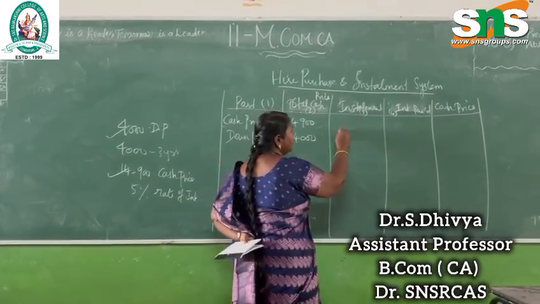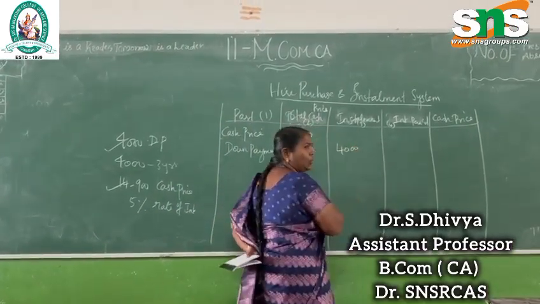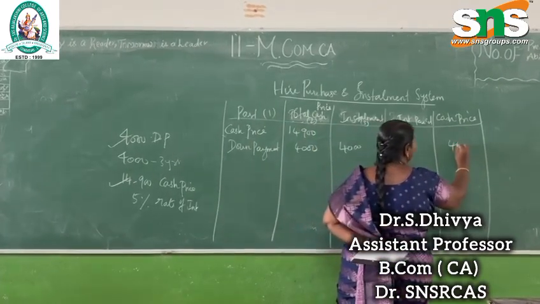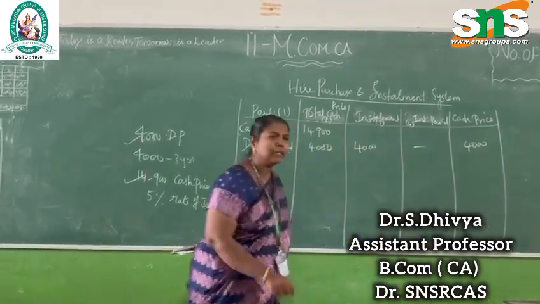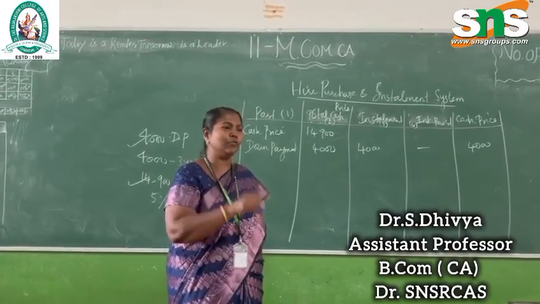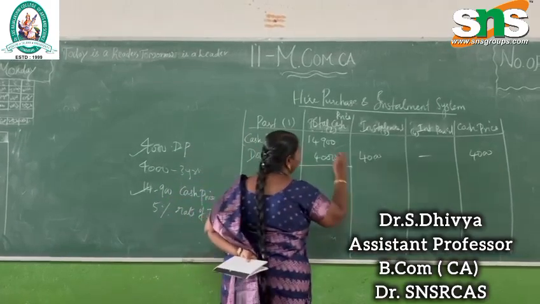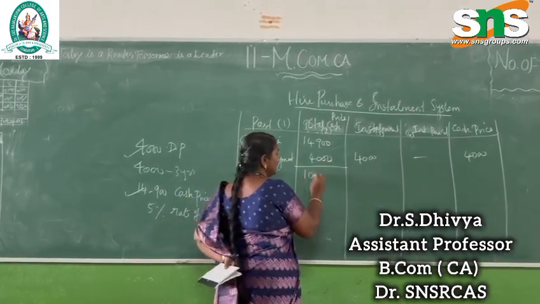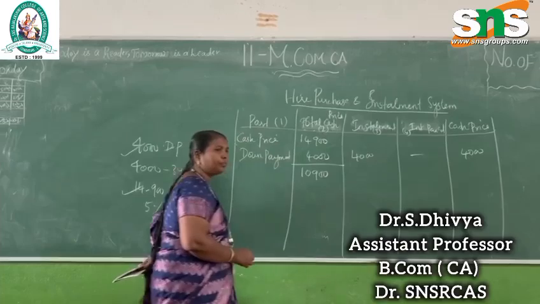Interest is not paid. Cash price is nothing but the original value of the product, not including interest. So 14,900 minus 4,000 is 10,900.